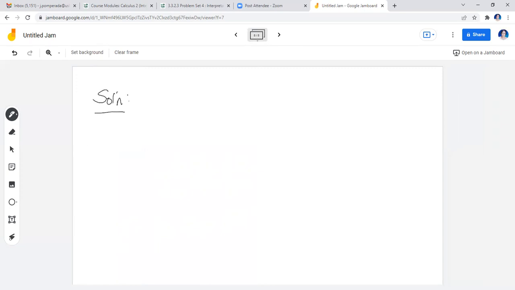Our solution will try to use the empirical rate equation. That way we don't need to guess and test. So what's the empirical rate equation? We've discussed it last meeting. You have CA raised to 1 minus n minus CA0 raised to 1 minus n equal to 1 minus n kT.